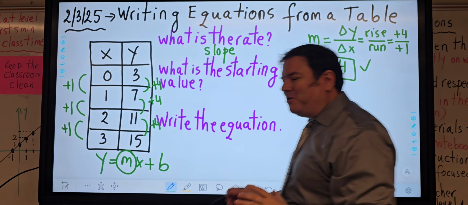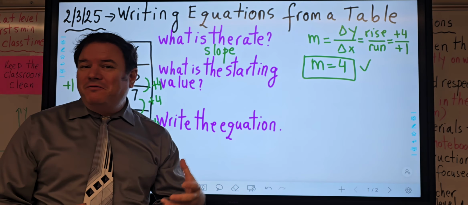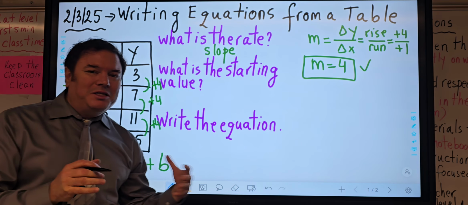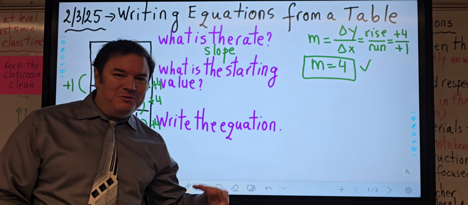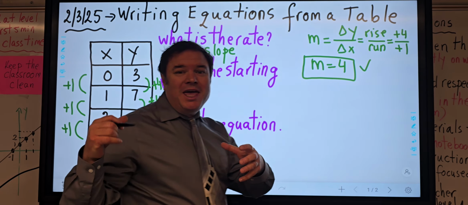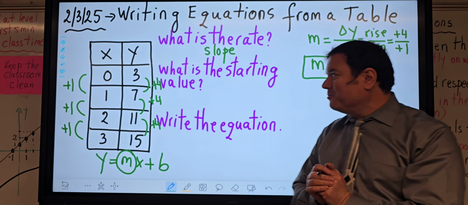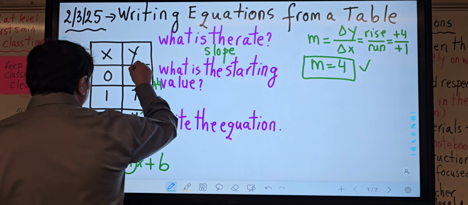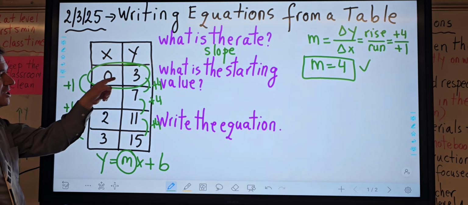The starting value, if you remember, a while back I posted a video and I talked about Sacramento Airport being the starting value. It's where the line crosses the y-axis, and that's the starting value. So in our case, if we look at these 2 points, when x is 0, y is 3.